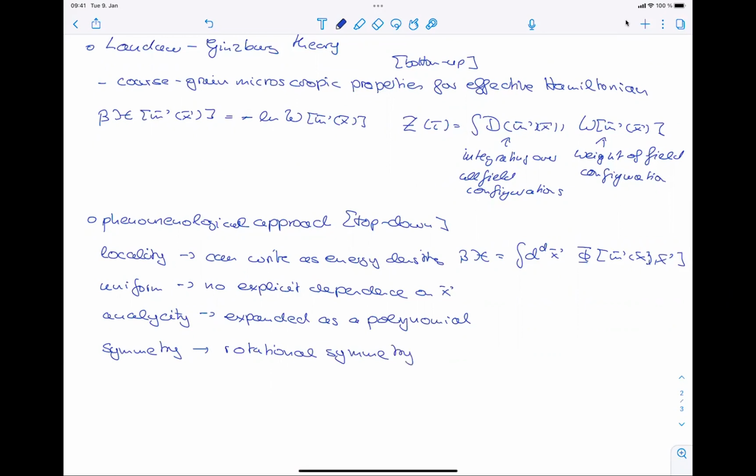Then the effective Hamiltonian needs to be invariant over rotations of the magnetic field. And that tells us that we can't have linear terms in the magnetization because that would render it dependent on the orientation of the system. So the lowest order term would be the square of the magnetic field to lowest order.